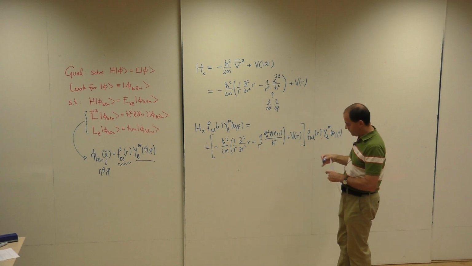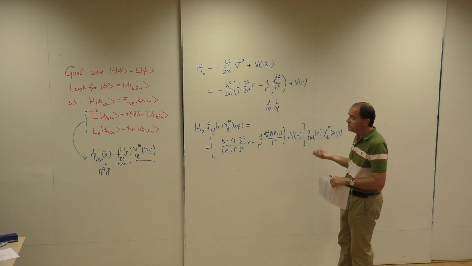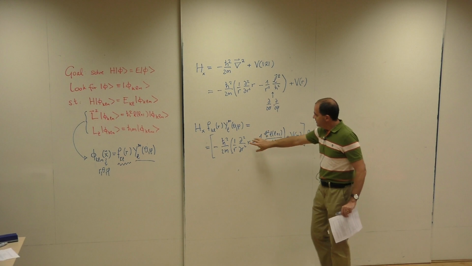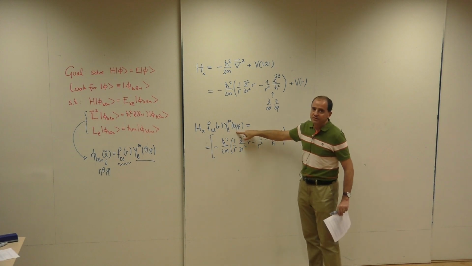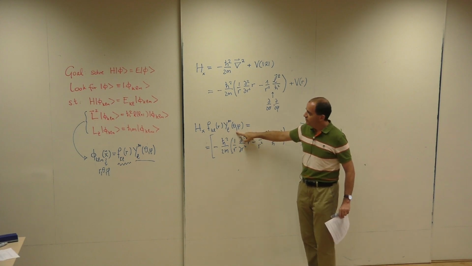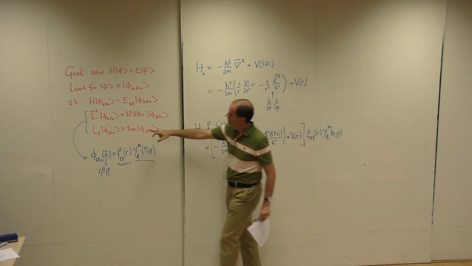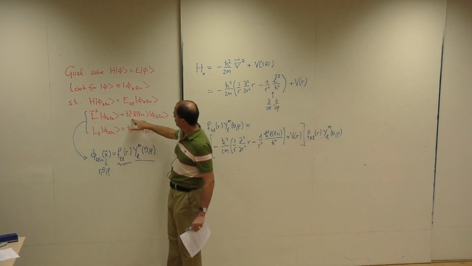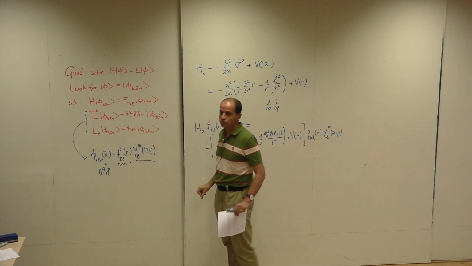So all that I have done here is to again use the fact that I know that the angular component is an eigenvector of L square for the eigenvalue h bar square l(l plus 1).